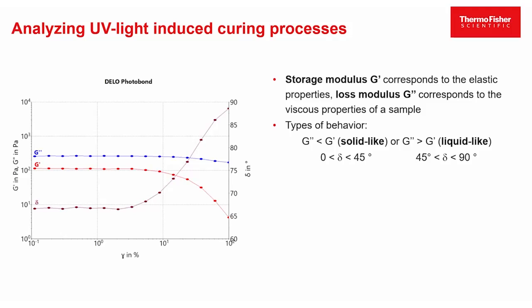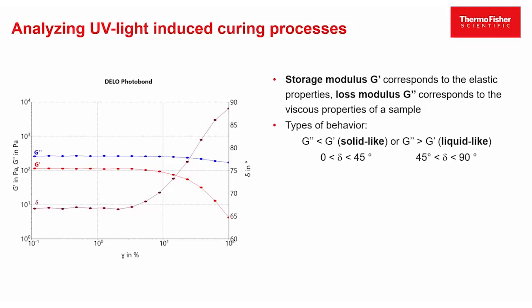To obtain this range, we are using the so-called amplitude sweep. In this case, we increase the deformation or the amplitude of the oscillation from 0.1 to about 100%. Doing so, we simultaneously record the storage modulus, G prime, which corresponds to the elastic properties, but also the loss modulus, G double prime, which corresponds to the viscous properties of the sample.